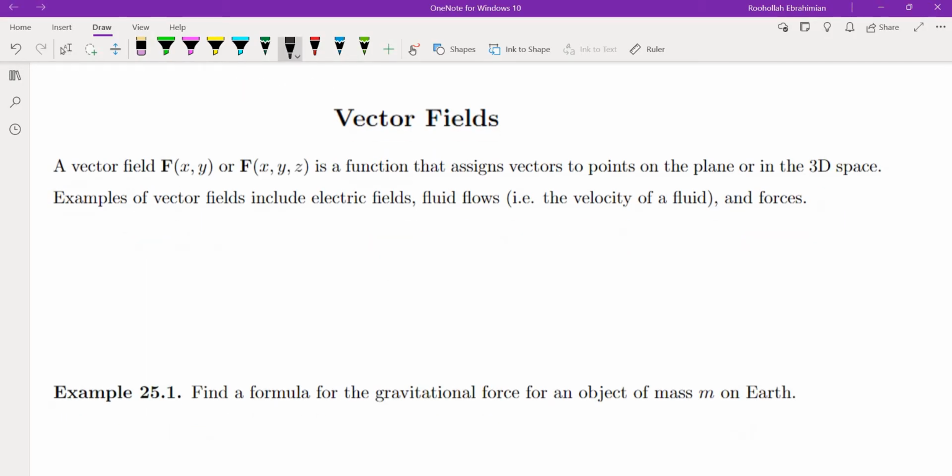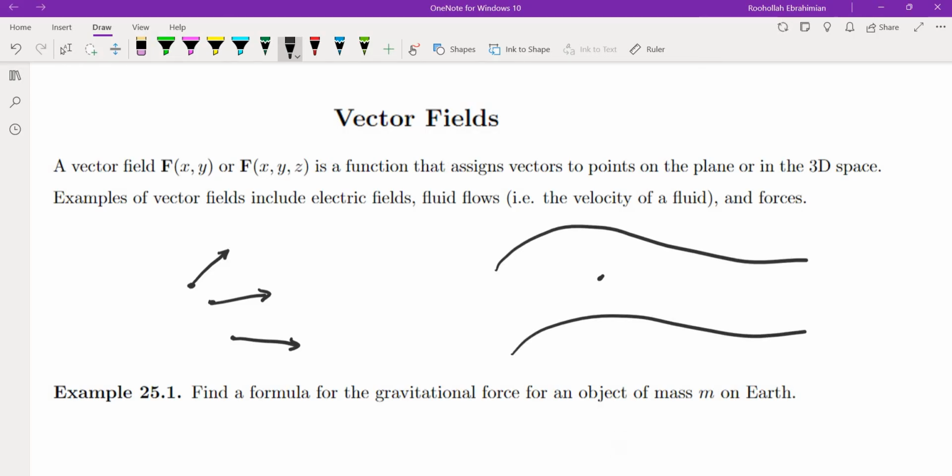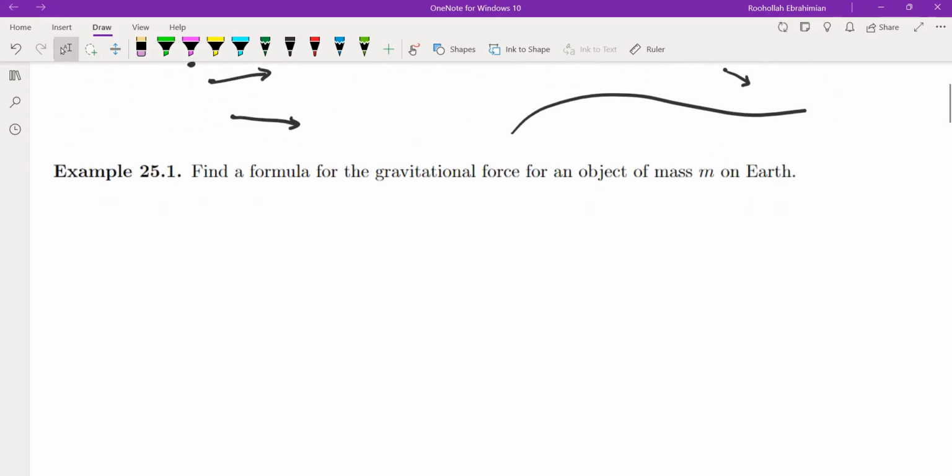So at any given point, we assign a vector. This vector could be a force, could be velocity of some sort. So if you have, let's say, a river, at any given point, there's a velocity for the particle at that point. So that's a fluid flow, and that's a vector field.